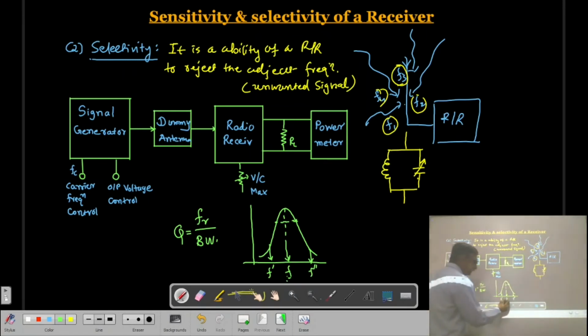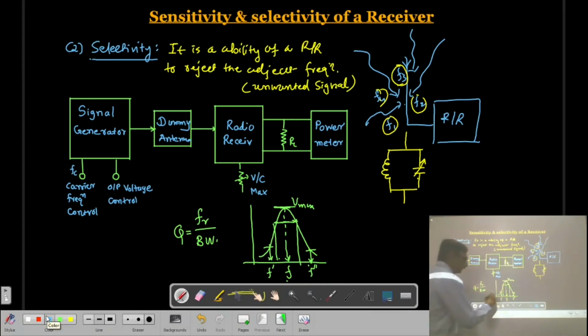This frequency is producing a maximum voltage. This frequency is producing a small amount of voltage, but it is going to enter the radio, so you will get a kind of interference. Here you can say the bandwidth is large, and these frequencies are very near to this, so they can produce a signal in the radio receiver.